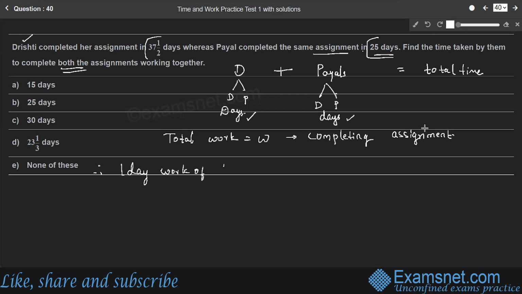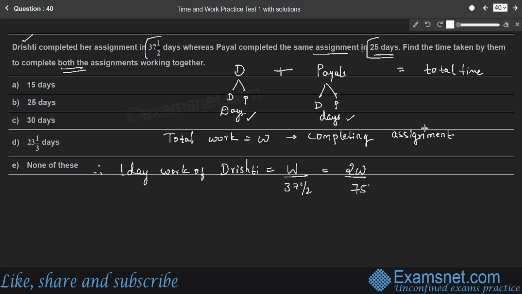is equal to total work by 37.5 days, which is equal to 37 into 2, it is 74, plus 1 is 75. 75 by 2, so W by 75 by 2 means 2W by 75. So in 1 day, Drishti can do 2W by 75 amount of work, right?